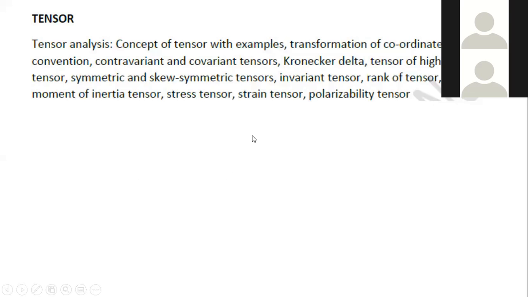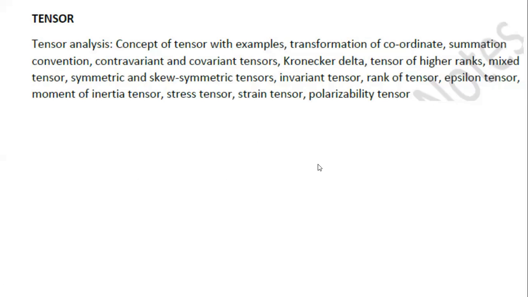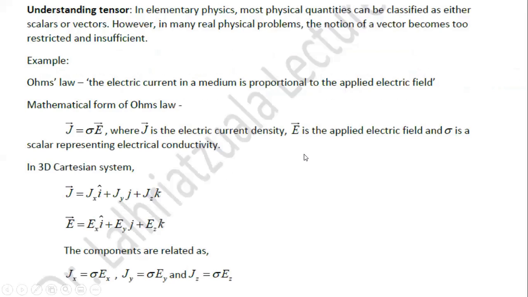Now this is the last part, that is the tensor analysis. Here we will talk about basic ideas on tensor. This is just to give you a certain basic idea on tensor, because in elementary physics we classify our physical quantities into two very broad classifications called scalars and vectors.